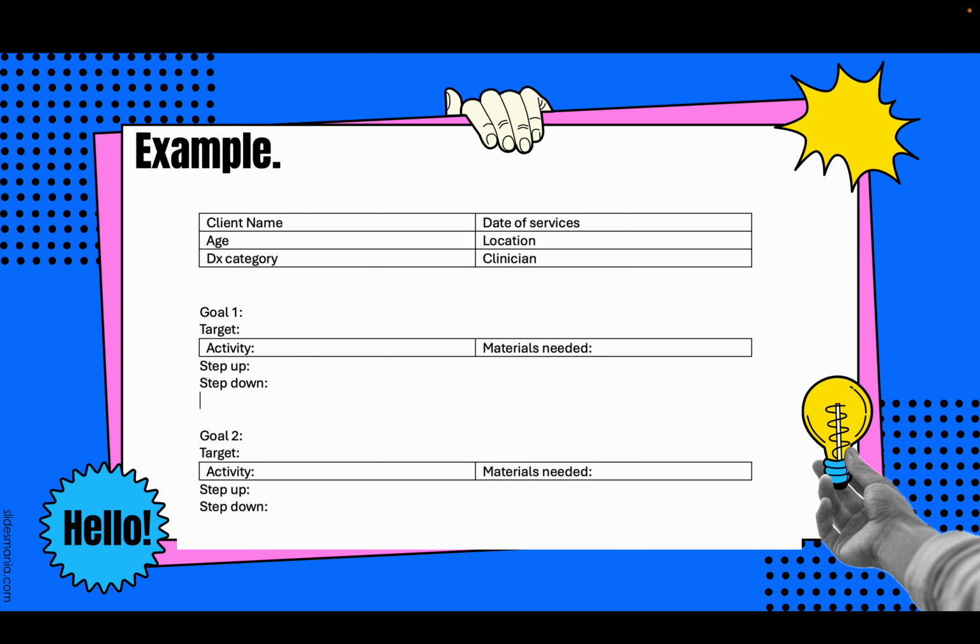But the target for this week is that we're going to reduce it down, give them extra support, or we're going to give them less support than what we did before. So whatever you plan on doing this week in therapy, that's going to be your target. Then we have step ups and step downs. So let's say we have a target that says we're going to give them a static visual. Well, how would we give them more support?